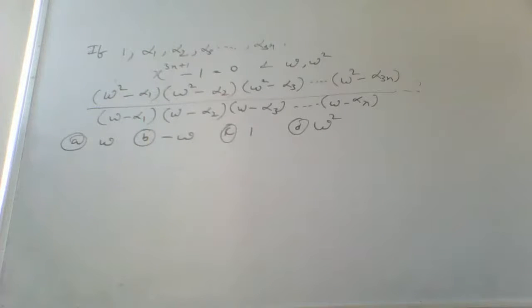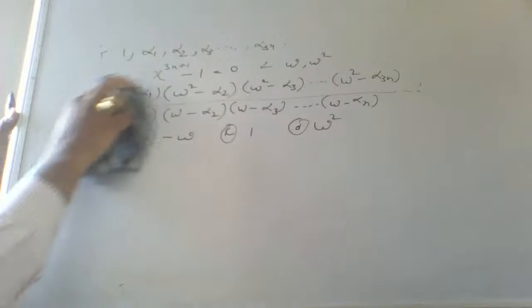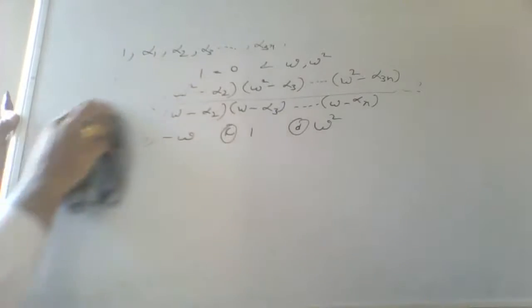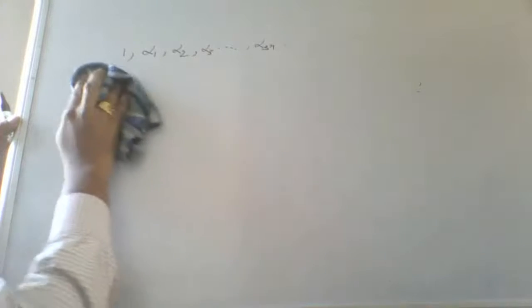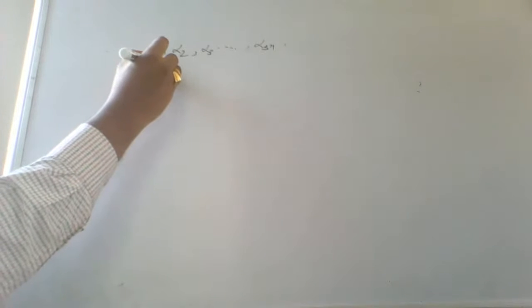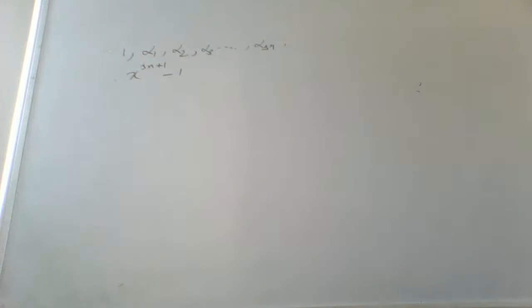Let us try to find the solution for this here. Since we have 1, alpha 1, alpha 2, and alpha 3n, these are the roots of the equation which is x to the power of 3n plus 1 minus 1 equal to 0.